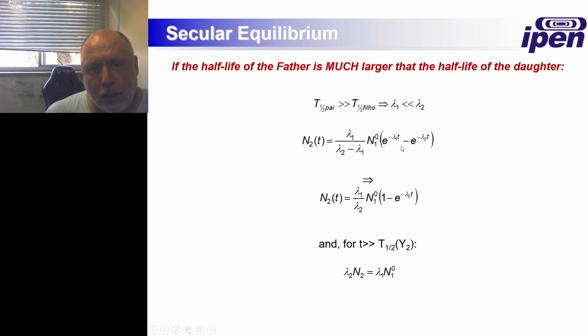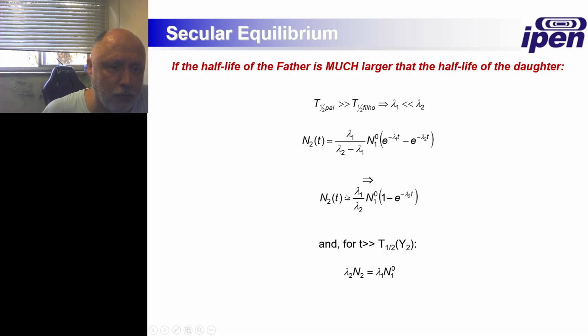This means that this term is essentially 1, right? Meaning that essentially you won't see a visible difference in the activity of the father. So when that happens, you're left with this here.